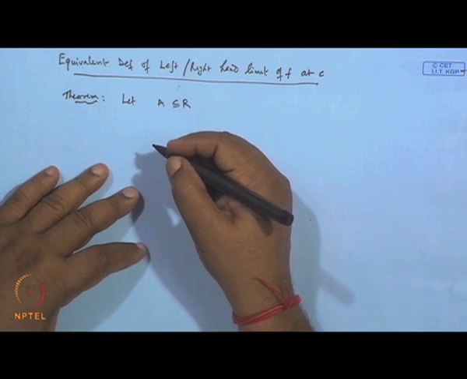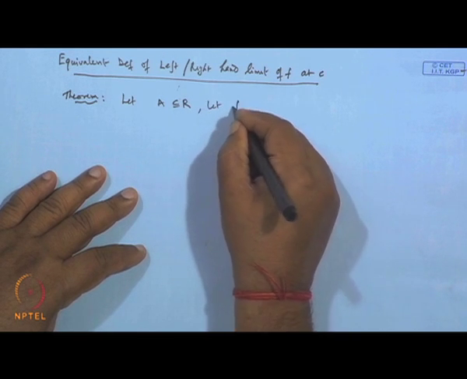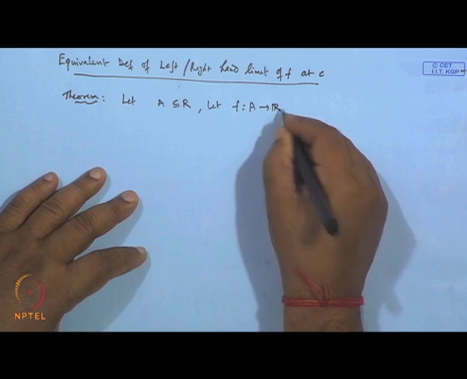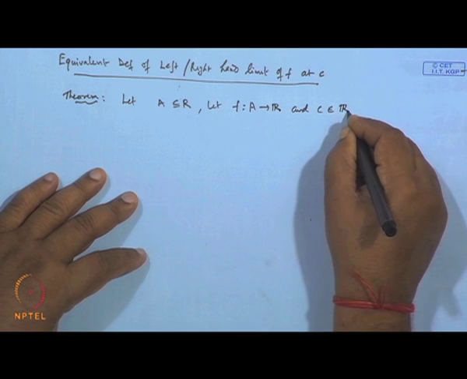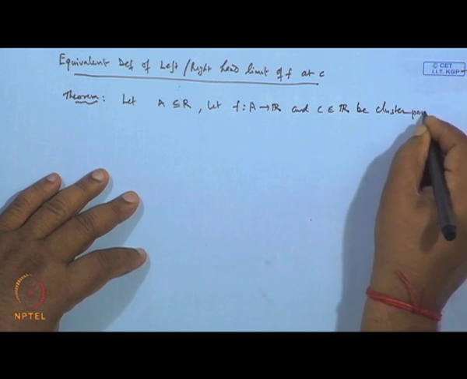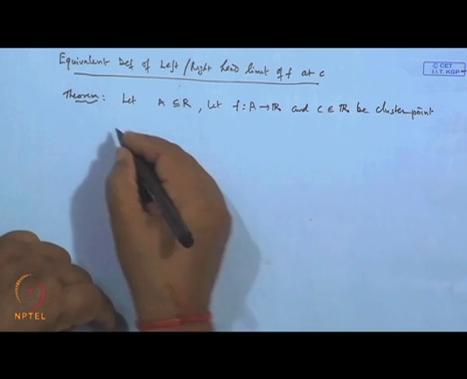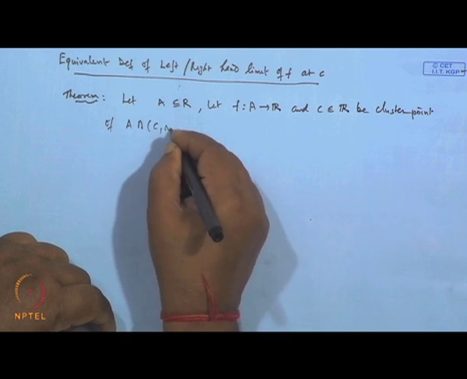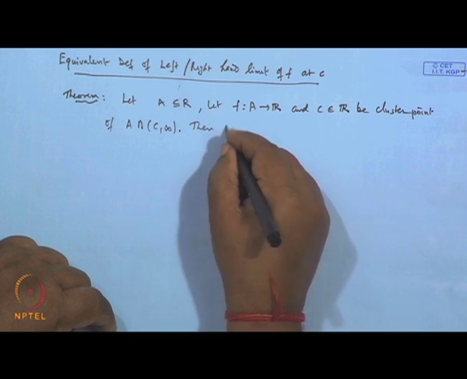Let A be a subset of R, and let f be a mapping from A to R, and let c, an element of R, be a cluster point of A intersection (c, infinity). Then the following statements are equivalent.